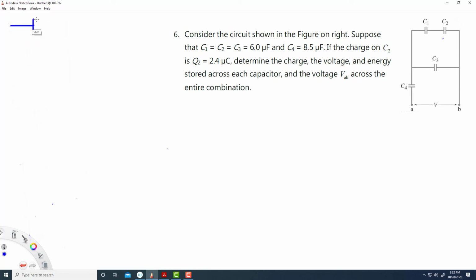So we have capacitor C1, capacitor C2, and then capacitor C3, and then we have C4, and then we have a battery down here, so we can just write the battery.